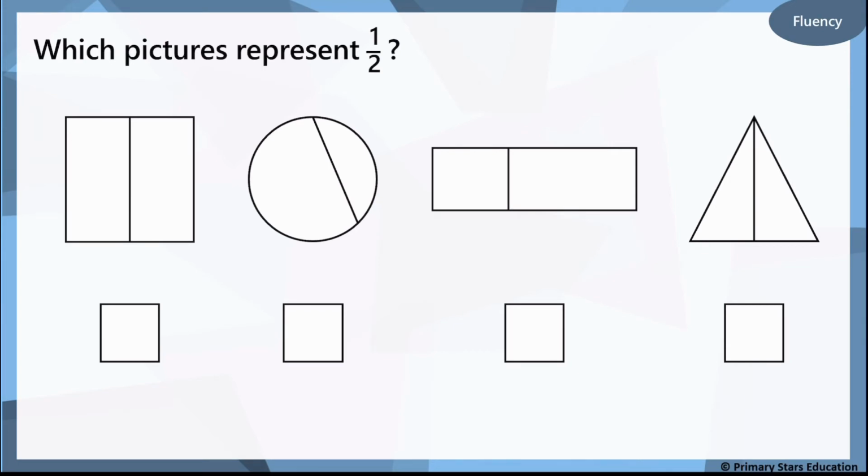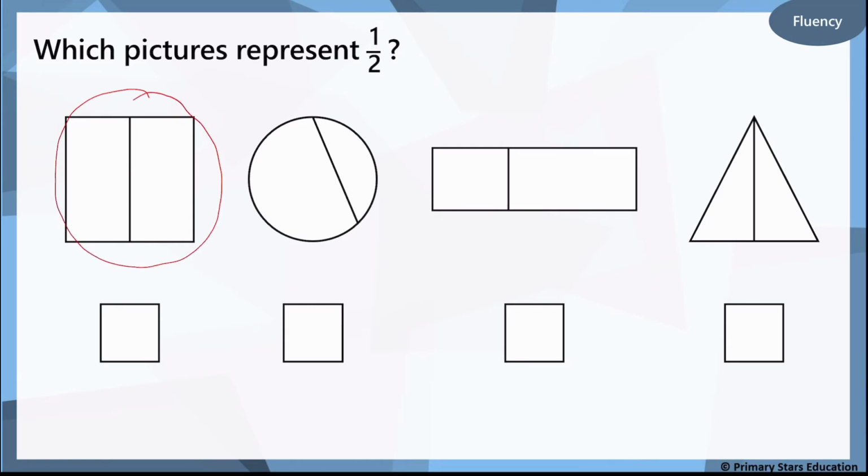Okay, let's look at these pictures, year 2. Which pictures represent half? Have a look at the pictures. Have a chat with someone at home or someone at school. Which pictures show half? Let's look at our square first of all.